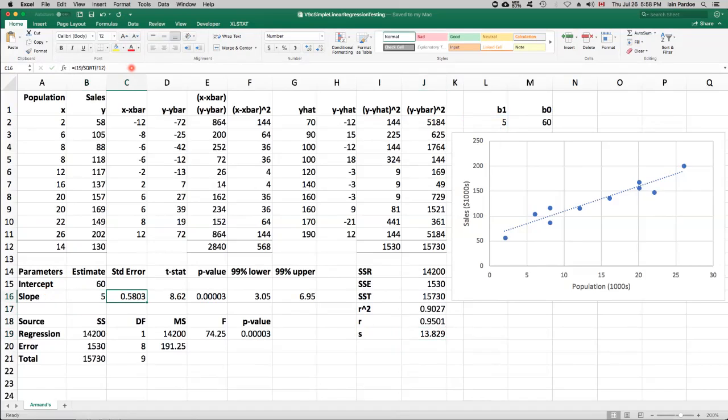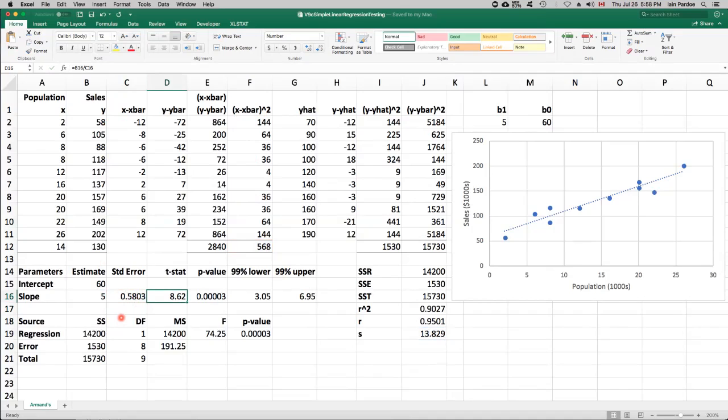And then the standard error has this formula: S divided by the square root of the sum of (x minus x bar) squared. This was something we calculated before, so we can take the square root of it and then calculate the standard error for the slope estimate. And then the test statistic, it's a t statistic. It's simply the ratio of the estimate over the standard error. So that comes to 8.62.